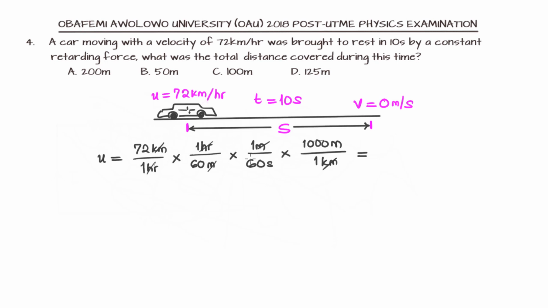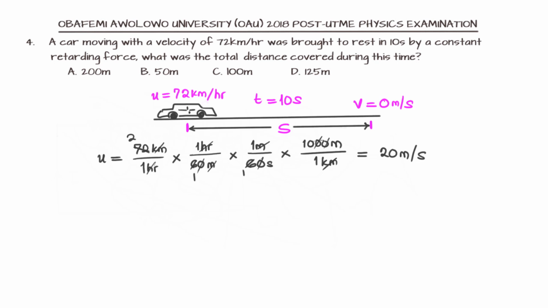So if you cut out all this, the 0 can cancel these 2 zeros. 6 times 6 is 36. 72 divided by 36 is 2. So this is 20 meters per second. So 72 kilometers per hour is 20 meters per second. If you know this beforehand, you can just plug it in. But if you don't, this is the way to go about it.